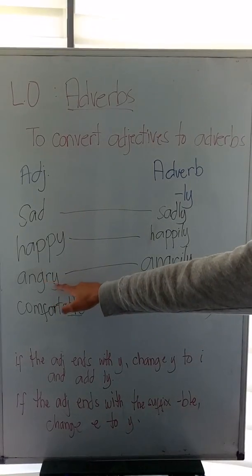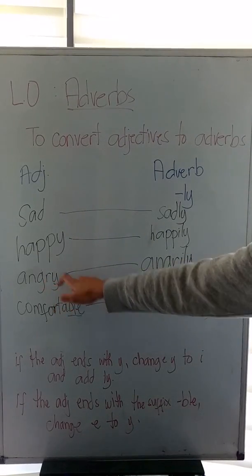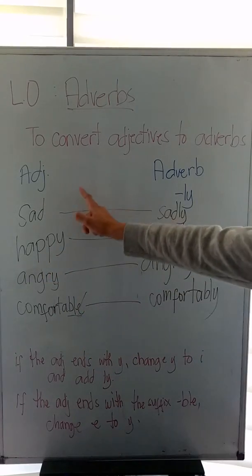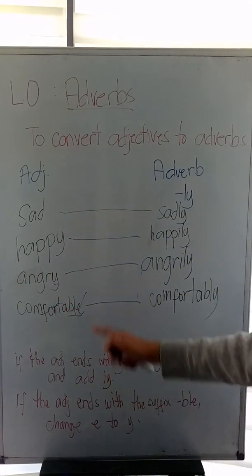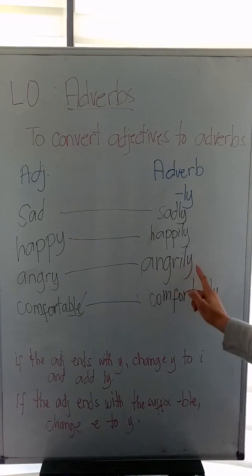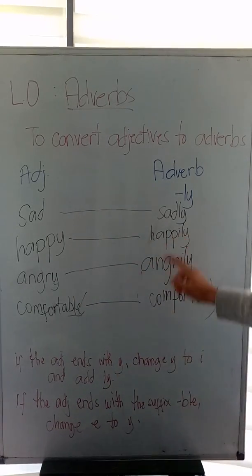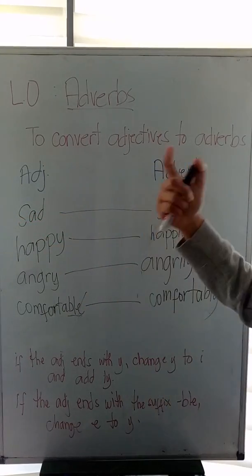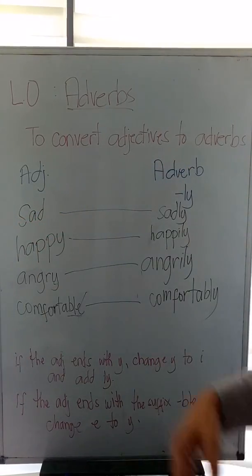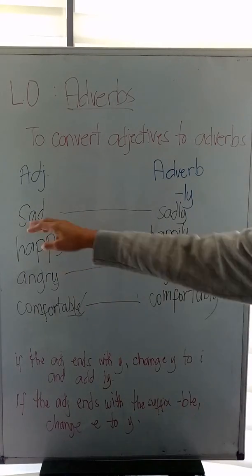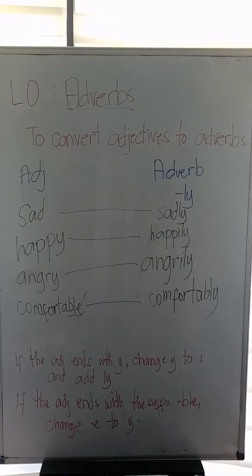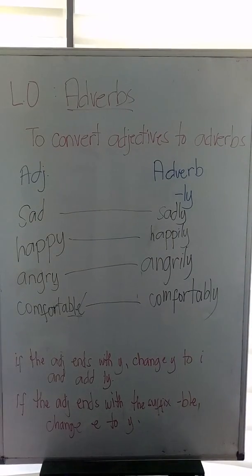If it ends with the suffix ble, just change e with y. If the adjective ends with letter y, like angry or happy, you just change y to i, and you add the suffix ly. Angrily, happily. Or if it's just a regular adjective like sad or quick, you just add the suffix ly to make it an adverb.